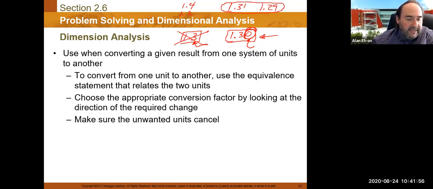Same idea here: the smallest number of decimal places is how many decimal places your answer should have. A reminder that although it may have a certain number of decimal places, that may not be the same number of significant figures. So significant figures and decimal places are different, and we're looking at decimal places with adding and subtracting.